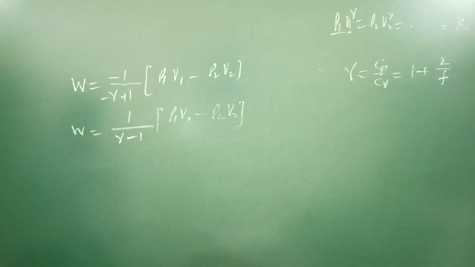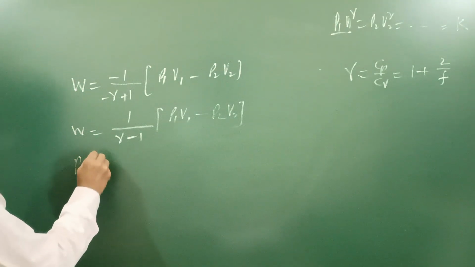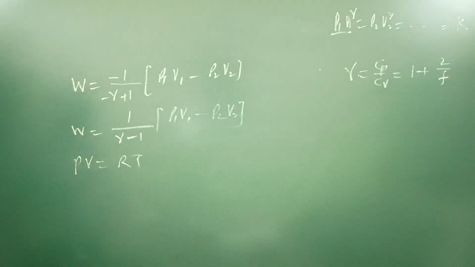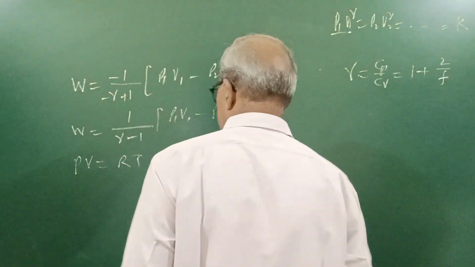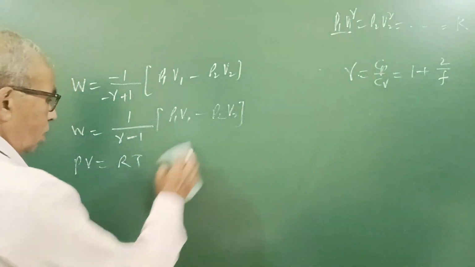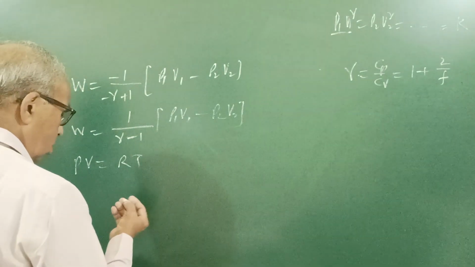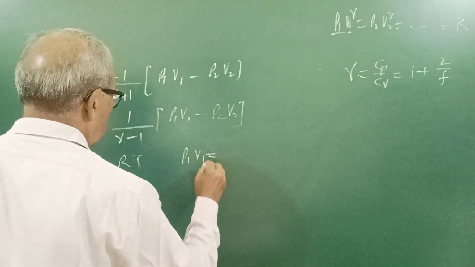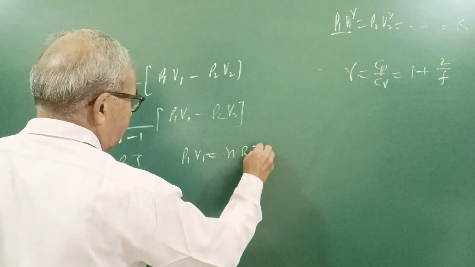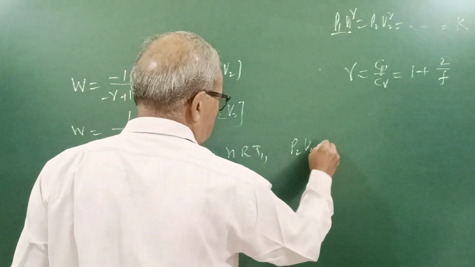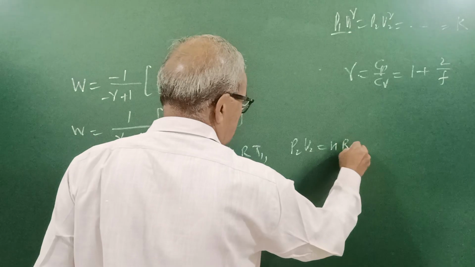You also know that PV equal to nRT. So we can write here, P1 V1 equal to nRT1 and P2 V2 is equal to nRT2.